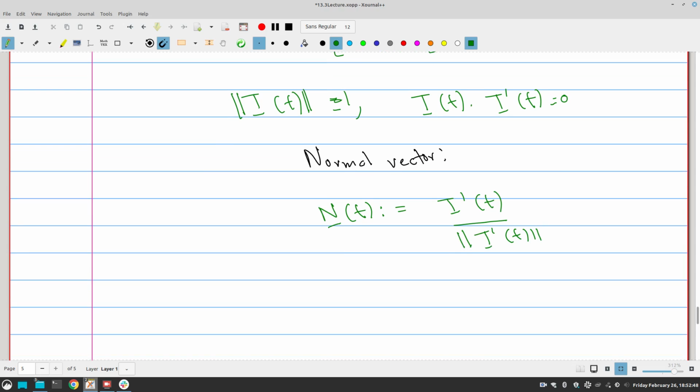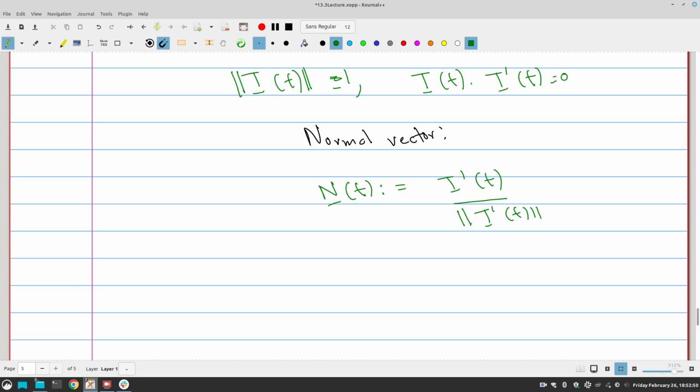We're going to define a third vector which is orthogonal to both the normal vector and the tangent vector, called the binormal vector. B of t is equal to T of t cross N of t. This is what is known as the binormal vector.